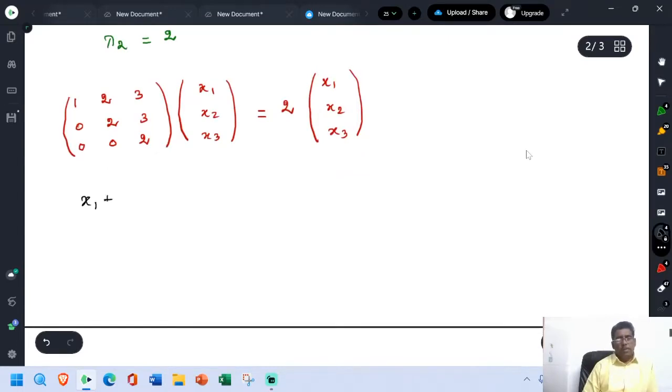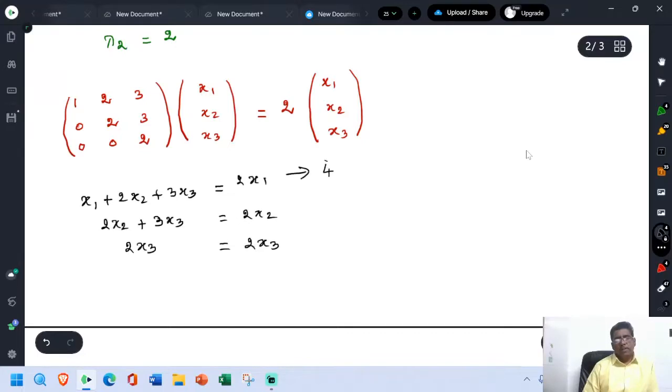x1 plus 2x2 plus 3x3, 2x2 plus 3x3, then 2x3. We can have the equations: 2 into x1, this is 2 into x2, this is 2 into x3.